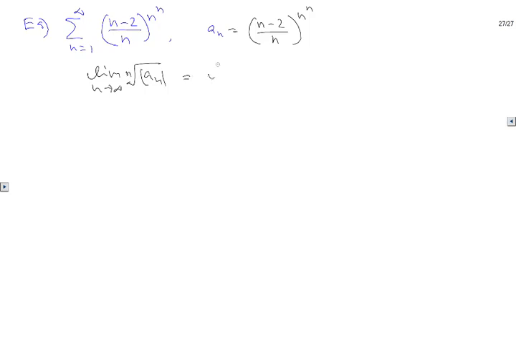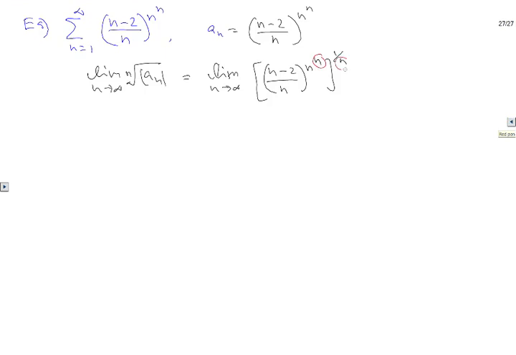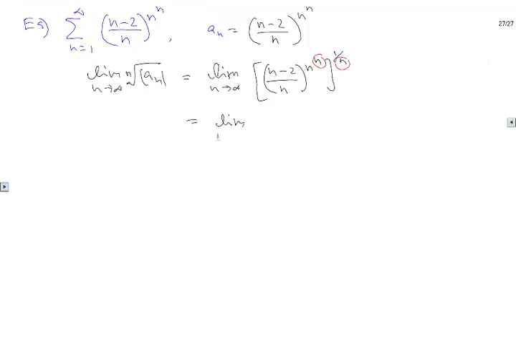So it's the limit as n goes to infinity of n minus 2 over n to the n, nth root. So you can see that it's going to cancel the outer one. So that means you're going to get the limit as n goes to infinity of n minus 2 over n. That's what you get.